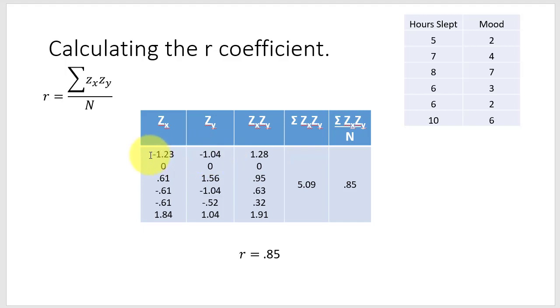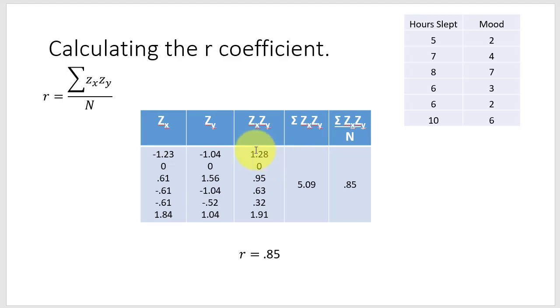The first person had a z-score for hours slept of negative 1.23 and a z-score for mood of negative 1.04. I multiply those together and I get a z product of 1.28, meaning that the amount of distance my scores have was 1.28.